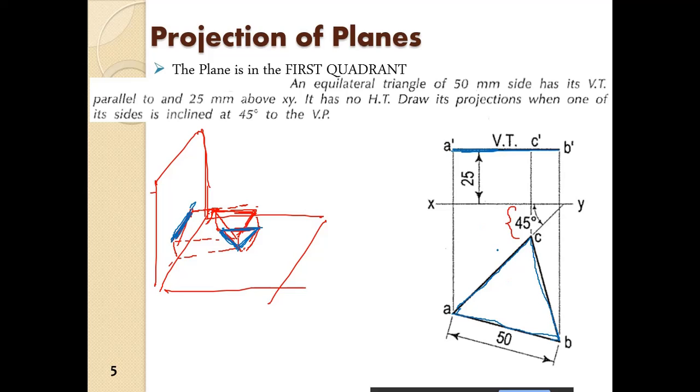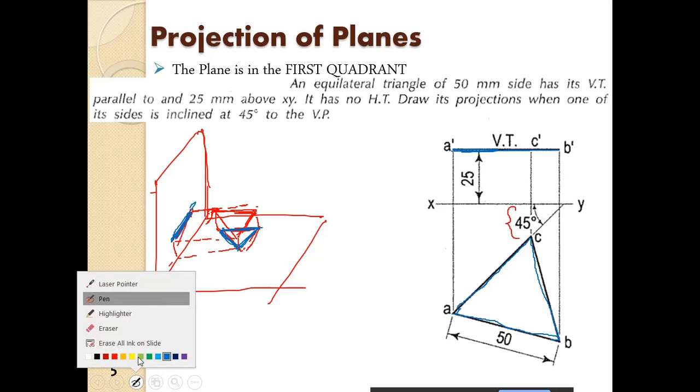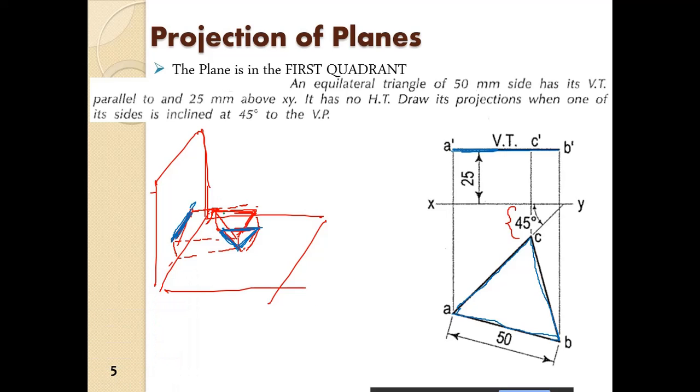So we have already discussed this in the previous class as well, and this is the triangle. The triangle is parallel to the horizontal plane, and it is at a height 25 mm from the horizontal plane, and therefore on the vertical plane, what we see is only the vertical trace.